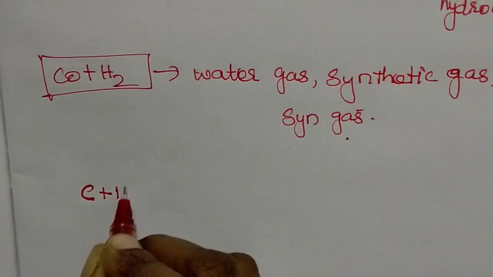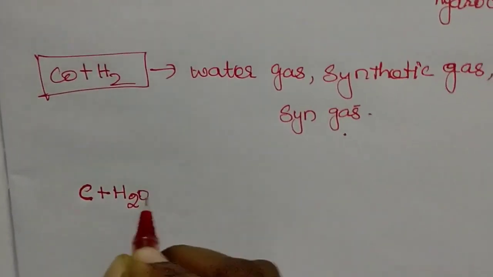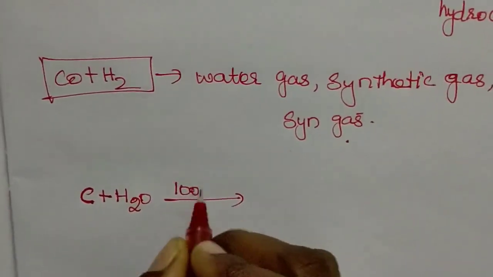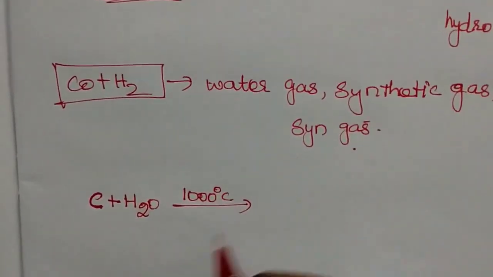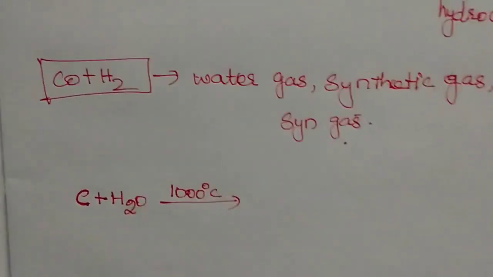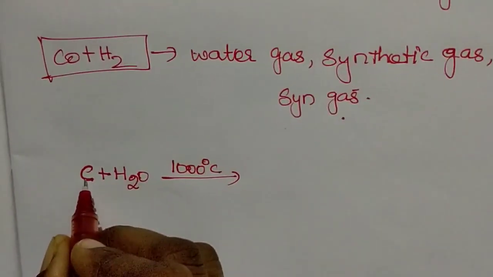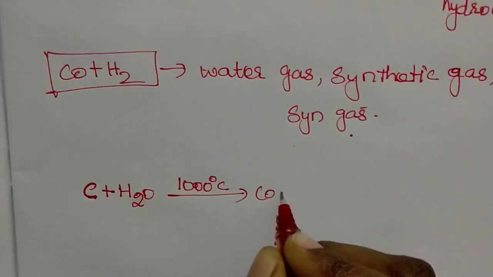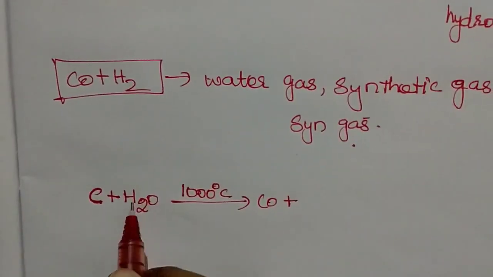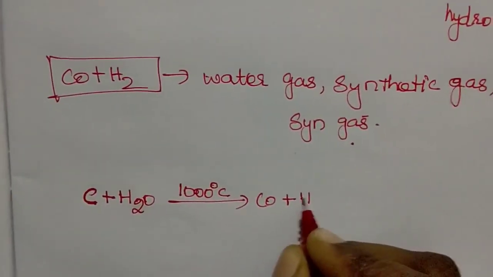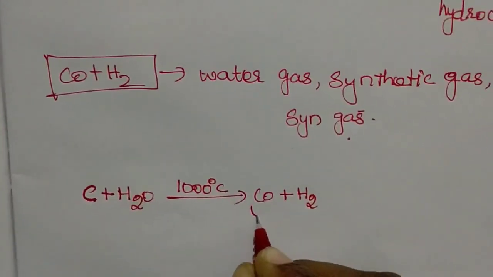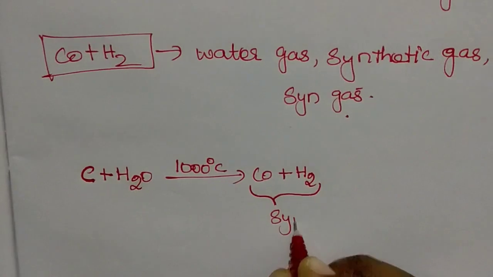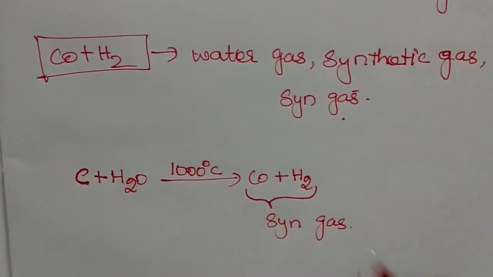So that carbon is treated with steam at a temperature of 1000 degrees Celsius, and the carbon combines with oxygen to form carbon monoxide, and the remaining hydrogen is a byproduct. So this is generally called syngas.